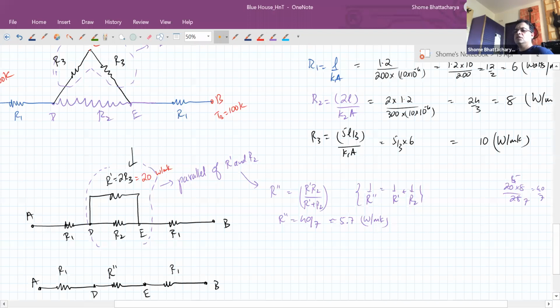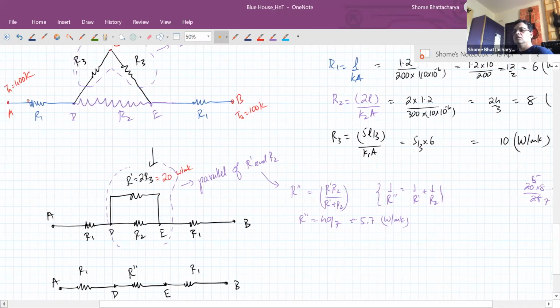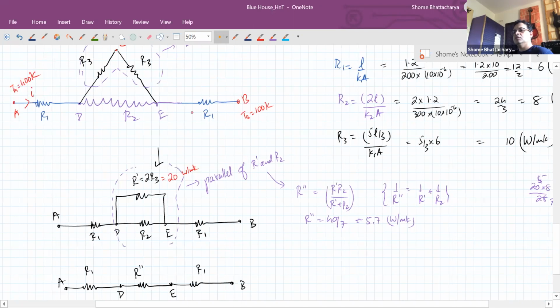All right, so whatever is the current in the circuit here, this current is I, the same as the current going through this whole thing. And now this current splits into I1 and I2, and that's the same current splitting here into I1 and I2.